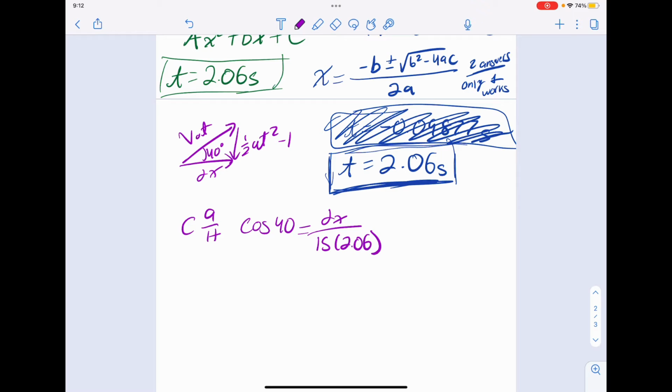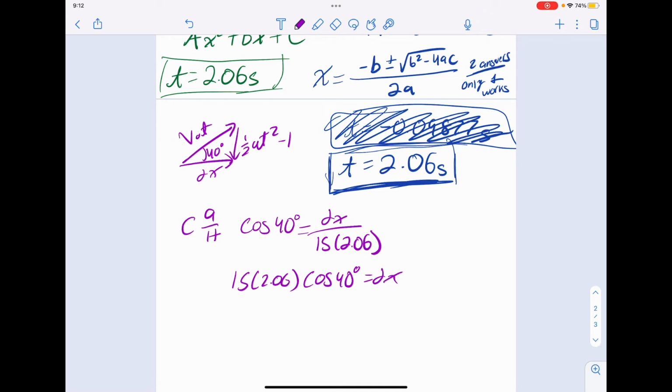So if we have 15 times 2.06, let me go ahead and do that math. I had the quadratic set up earlier. Let's go ahead and move this over. So 15 times 2.06 cosine 40 equals dx.